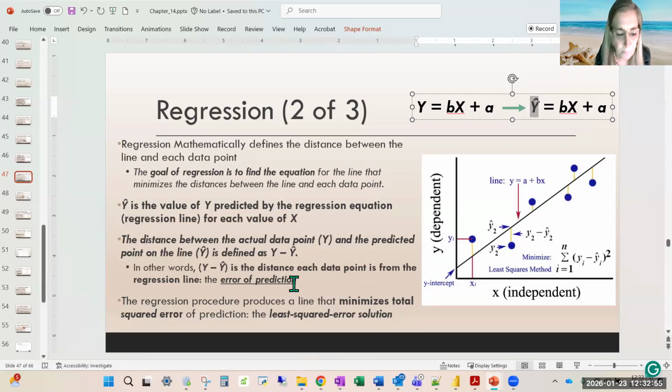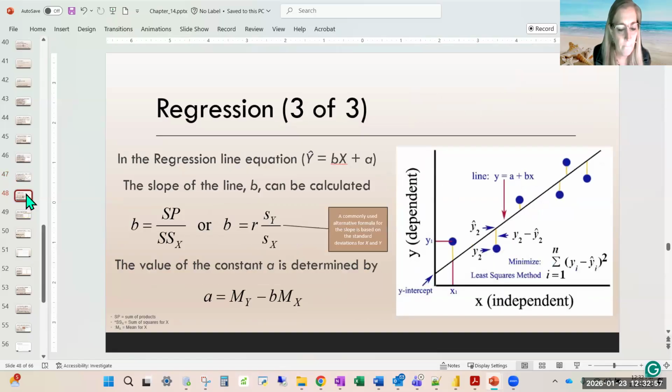All right. In the regression line equation, y hat equals bx plus a, the slope of the line, b, can be calculated. The slope, how much there is rise, run, right? Rise, run.